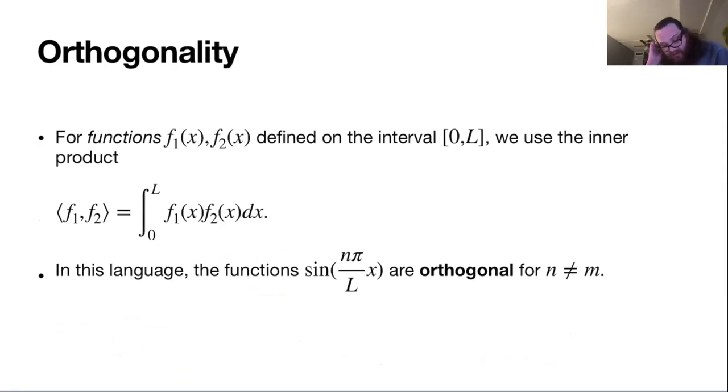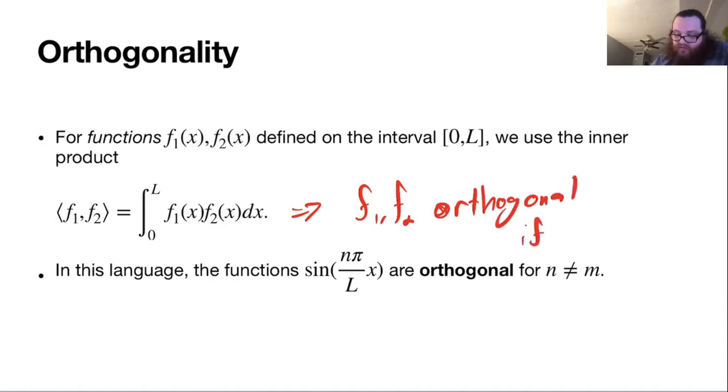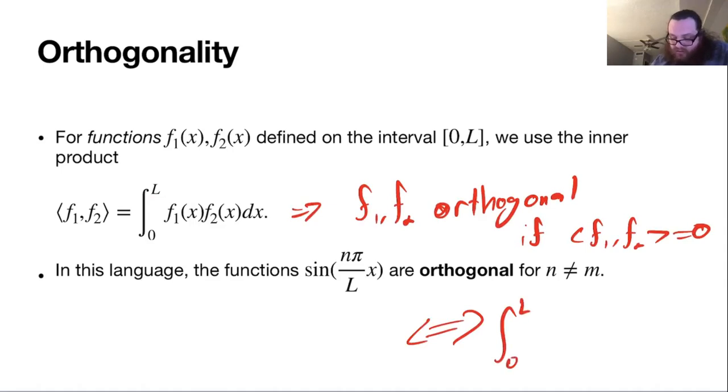For functions defined on the same interval, we define this inner product to be the integral of the two functions multiplied together, integrated from 0 to L. So for F1 and F2, we'll say they're orthogonal if their inner product is equal to 0, which is the same as saying the integral from 0 to L of F1 of x, F2 of x dx is equal to 0.